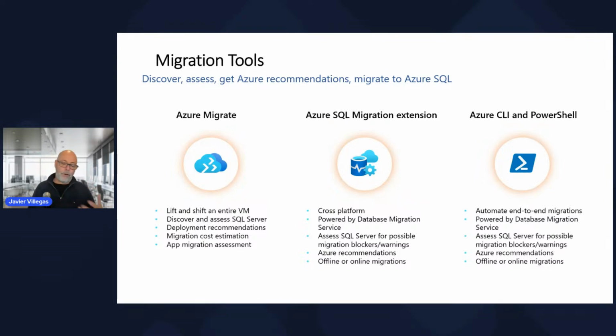But Microsoft also helps us decide whether we need to do an assessment of our existing application, see if eventually we can move it, just perform this validation, and then it will help us choose whether we use a virtual machine, a managed instance, or eventually an Azure SQL database. And there are 3 options to do it.